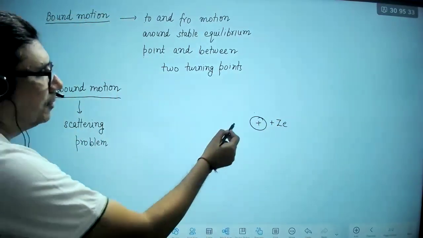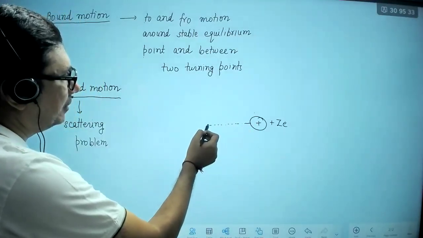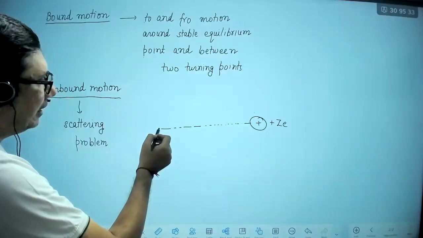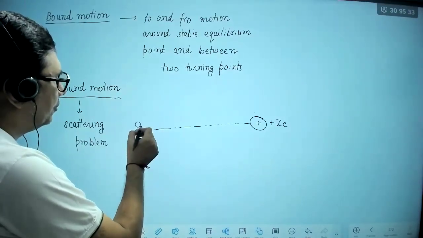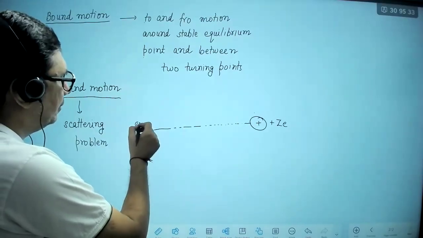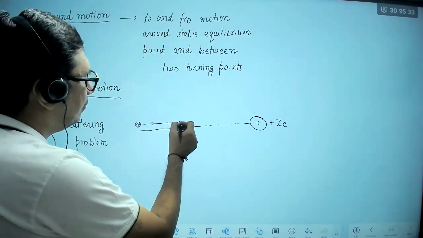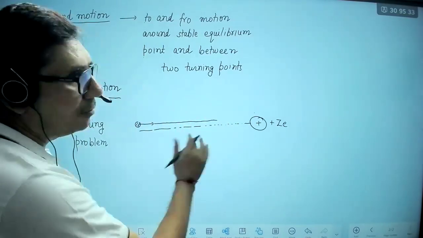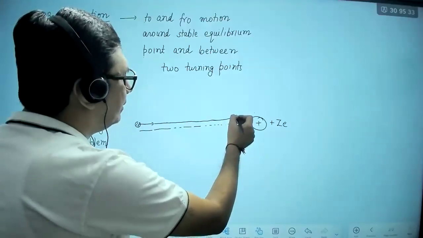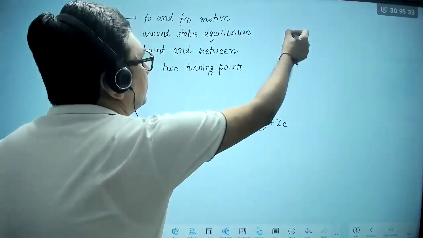If you launch an alpha particle towards it, you will observe that this alpha particle will move like this toward the nucleus, and then it is going to move away in this way.